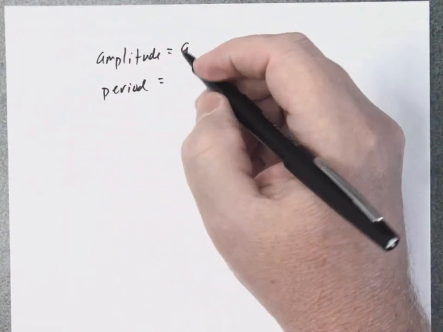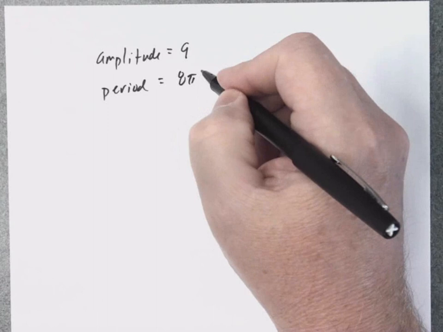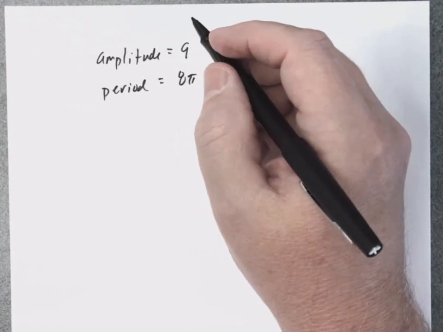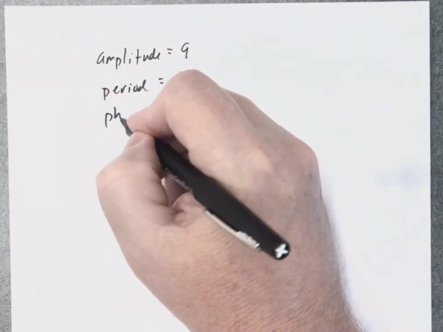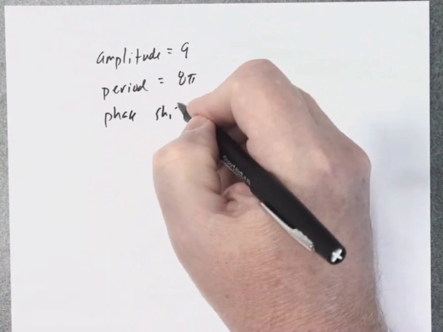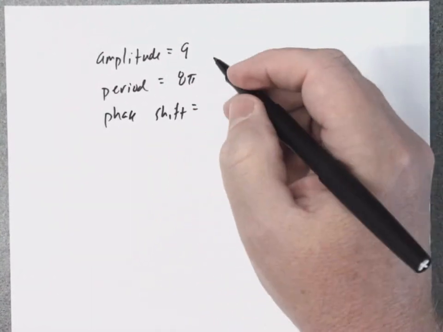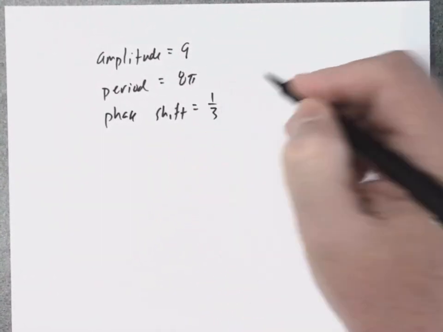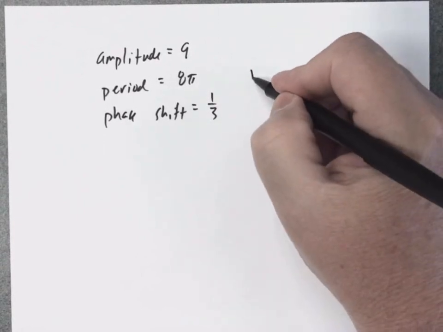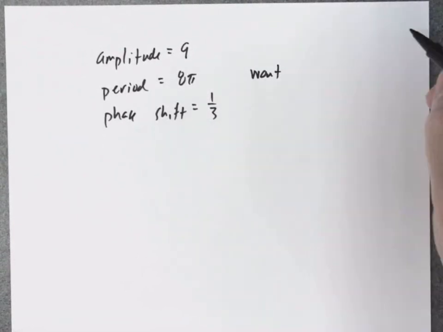They say the period is 8 pi. And they say the phase shift is 1/3. And what they want you to do is come up with the equation of this graph.